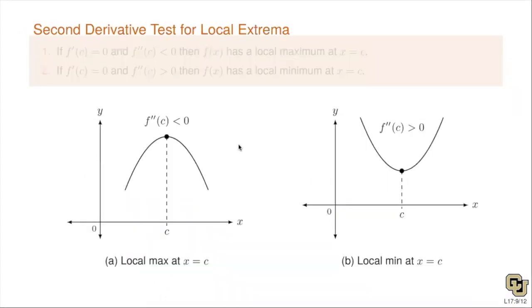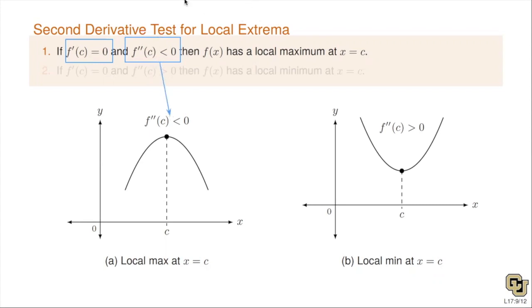There's a second derivative test for local extrema. This is instead of the first derivative test, and it uses the concavity. And it's for horizontal tangents only, okay? Because otherwise the second derivative isn't defined. So if we have f prime c equals 0, and the second derivative is negative, then the function will be concave down.